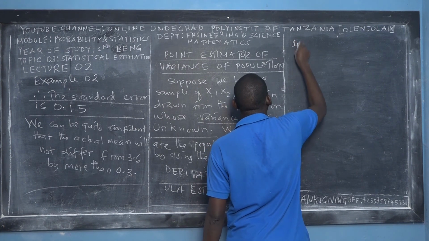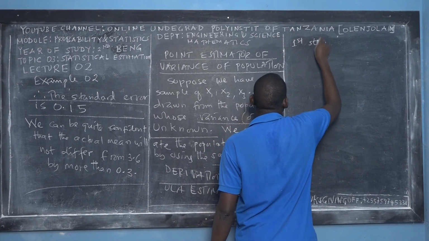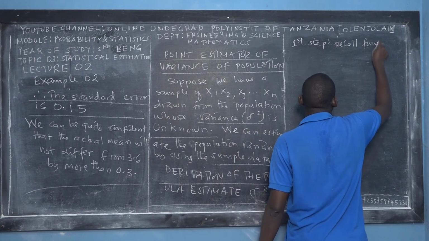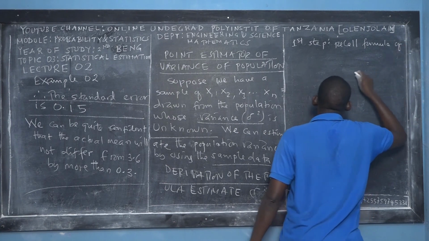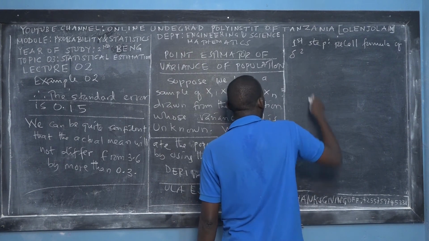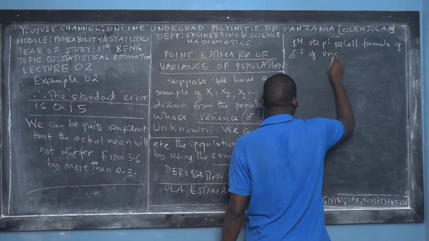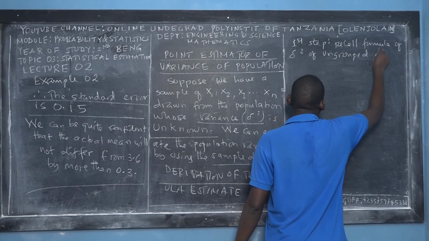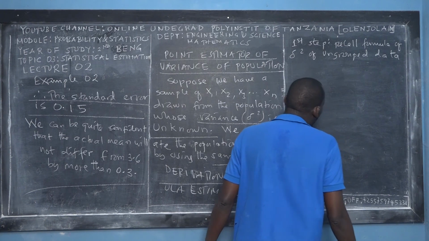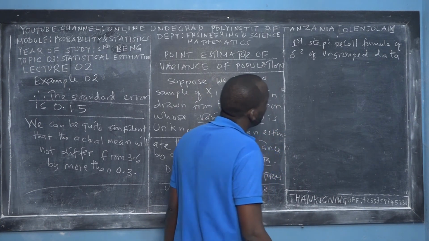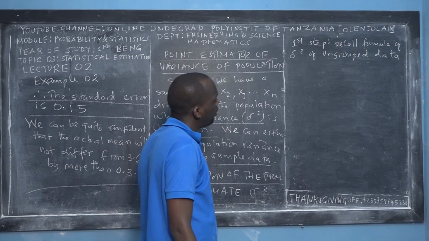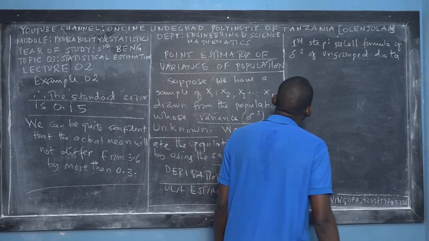The first step, we recall the formula of variance, the variance of ungrouped data. Where did we learn it? During our A-level studies, or even during our ordinary secondary education, or during our ordinary diploma.